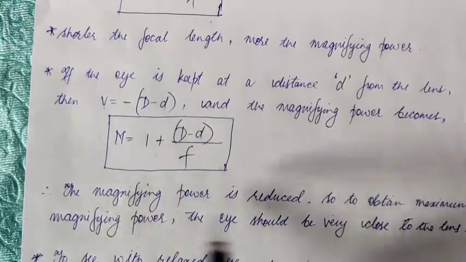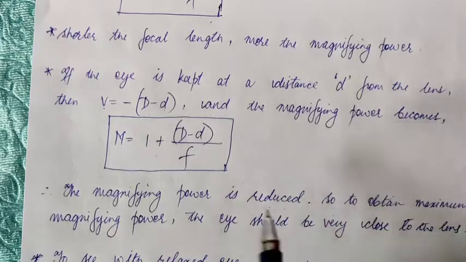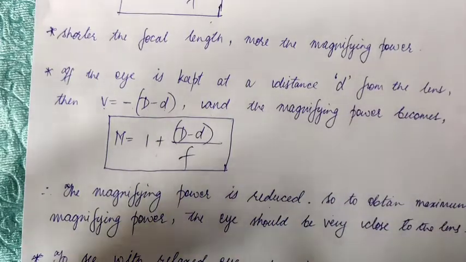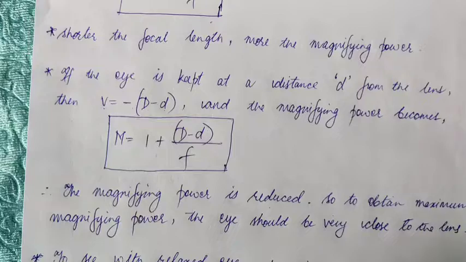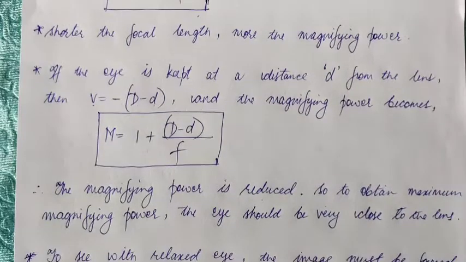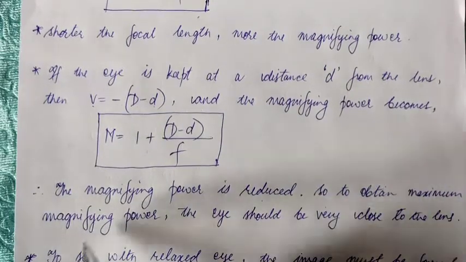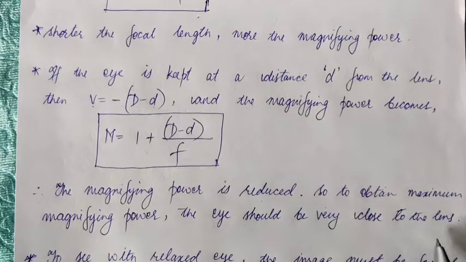So the magnifying power is reduced if the distance between the eye and the lens is greater. So to obtain maximum magnifying power, the eye should be very, very close to the lens. Remember that.